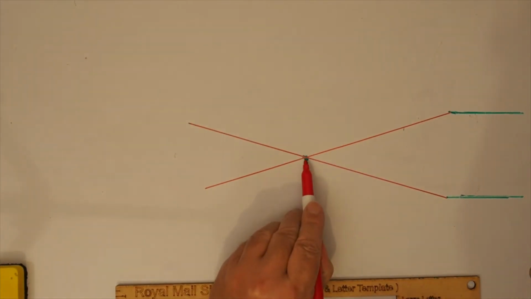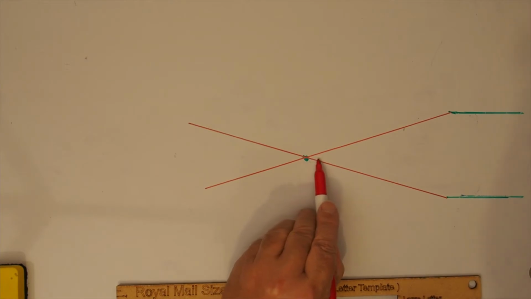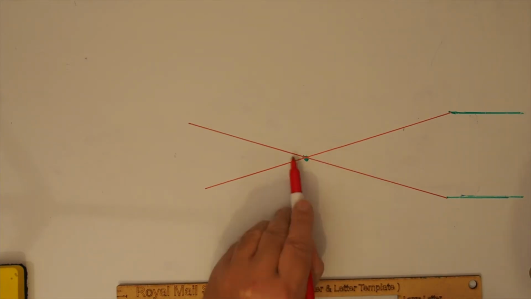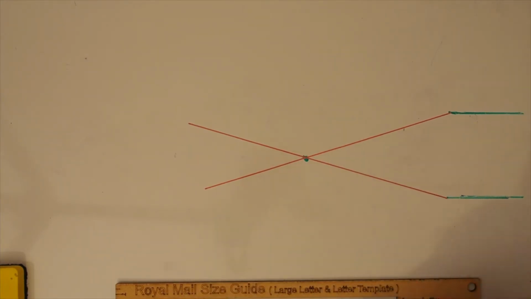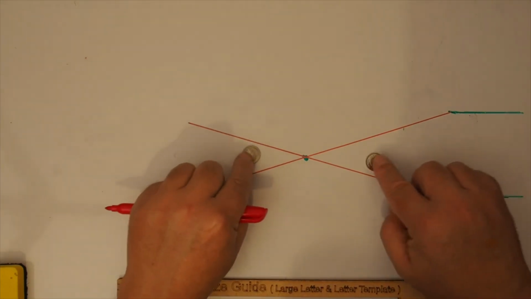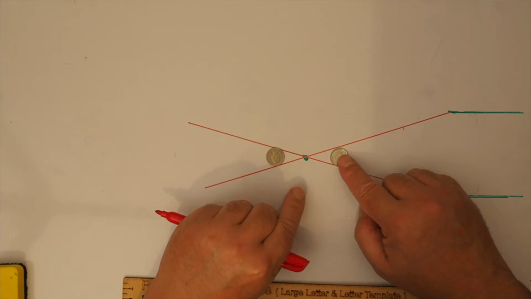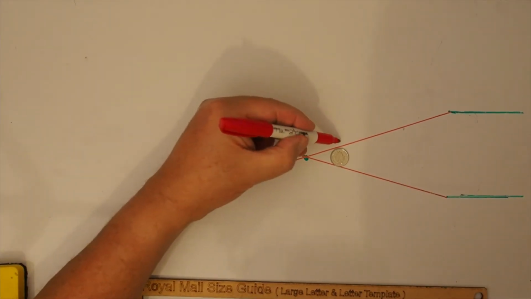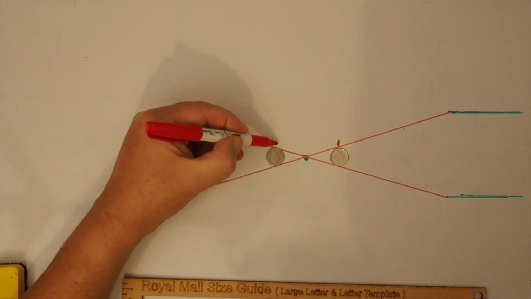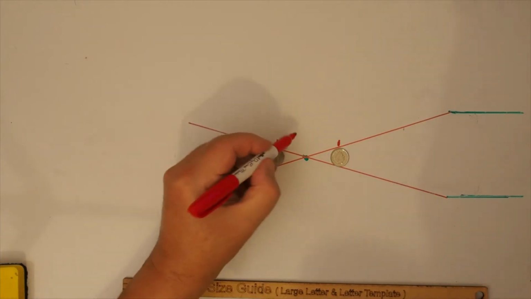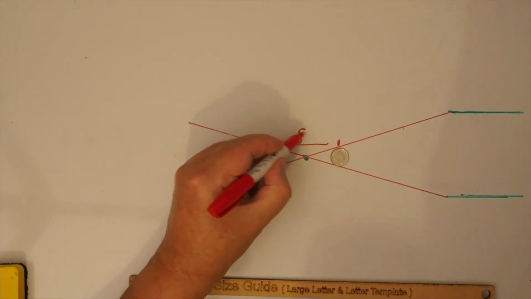So this represents the point of focus, and these are my circles of confusion getting bigger in this direction and bigger in this direction. If I put my 5ps in till they touch the lines, I could argue then that my depth of field extends from here to, say, here, and we'll call that F2.